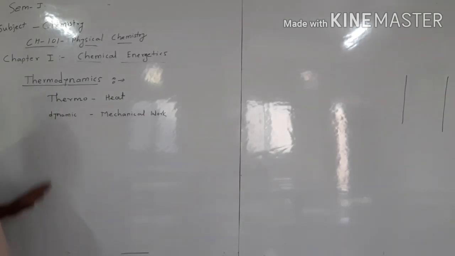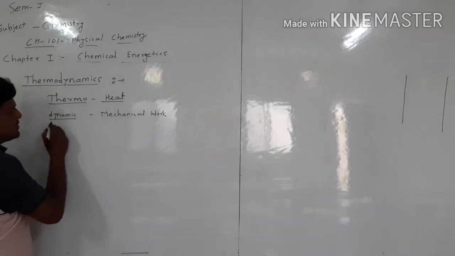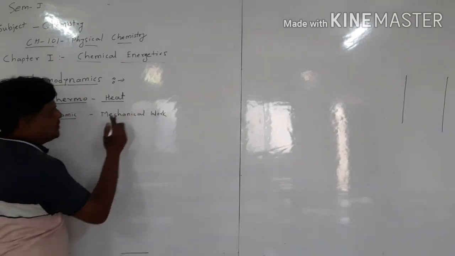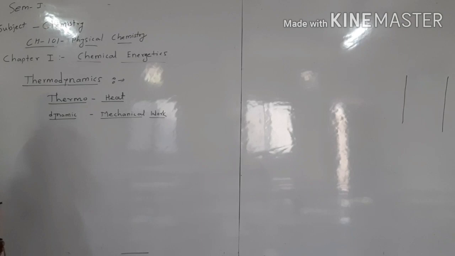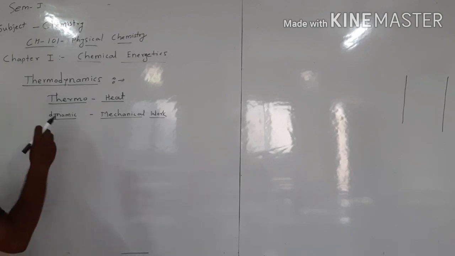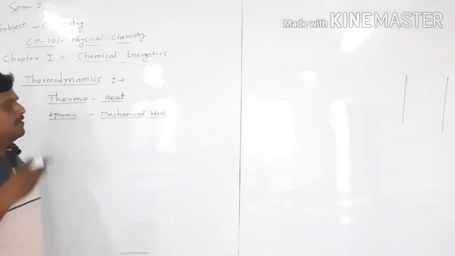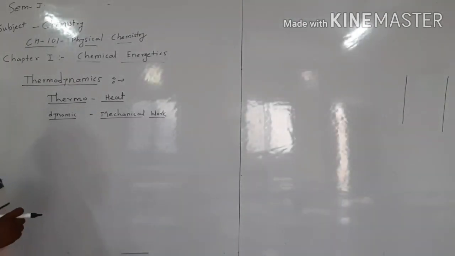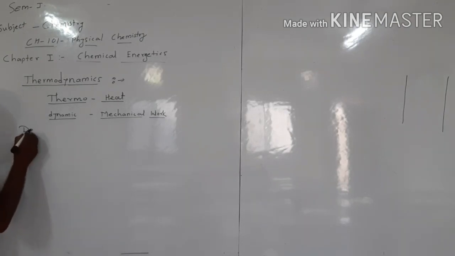So simply we can split this word into two small words. Thermo means heat, and dynamic means mechanical work. So thermodynamics means heat can be used as mechanical work. Okay, so simply we write here its definition.